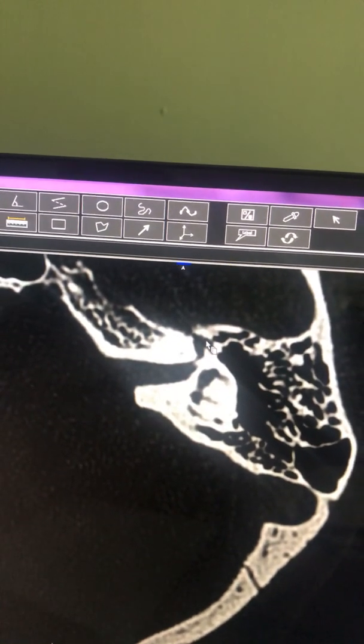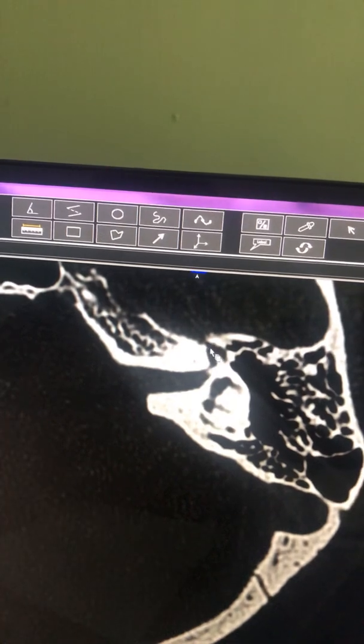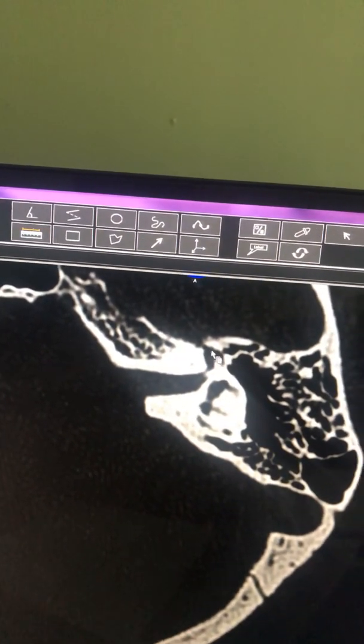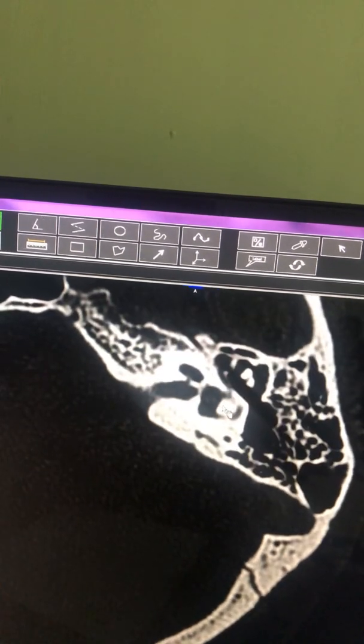Then after taking the first genu, at this genu you have the geniculate ganglion. From this geniculate ganglion, then you go down.